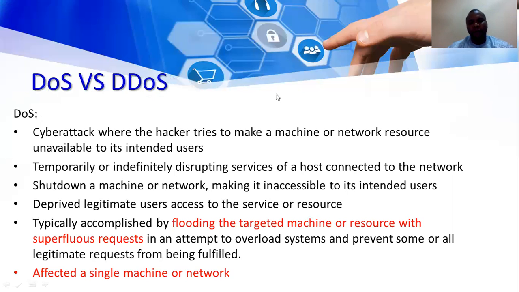A legitimate user wants to use the machine, but it has been shut down, perhaps by a command initiated by the attacker. Also, we can look at this: depriving legitimate users access to the service or resource, which we have said before. So when legitimate access is being denied, then it constitutes what we call the DOS attack.